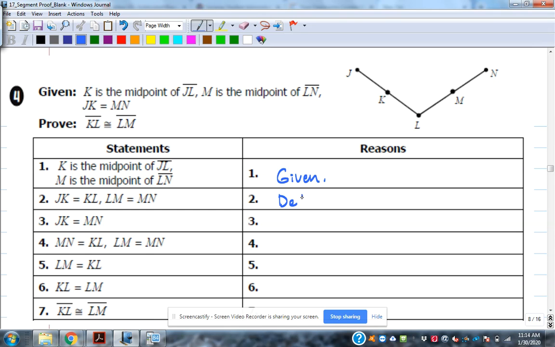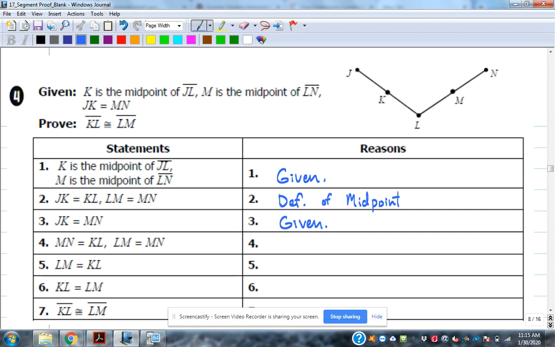So yeah, most likely. And then number 3 says JK equals MN. Where'd that come from? It was in the given. So that's the reason. So look at statements 2 and 3.